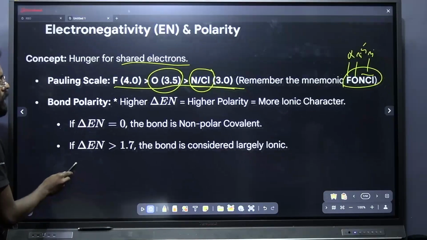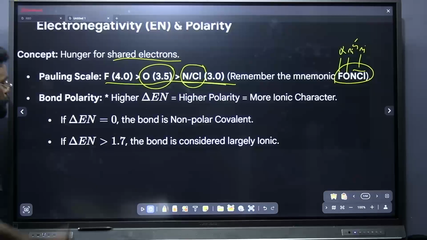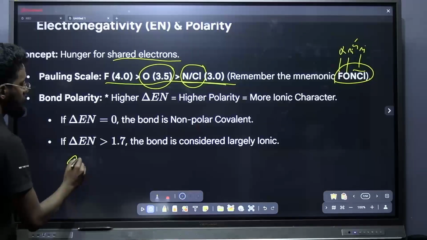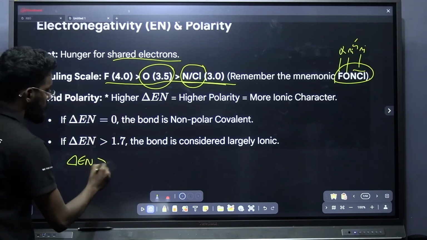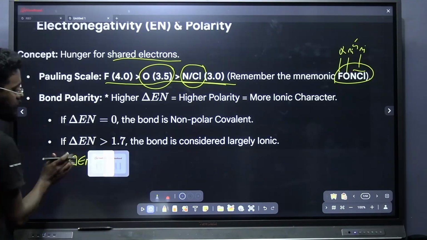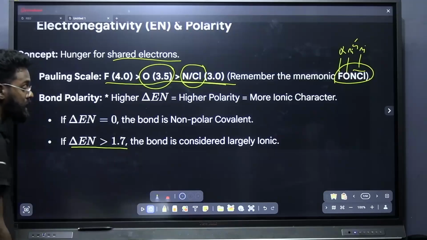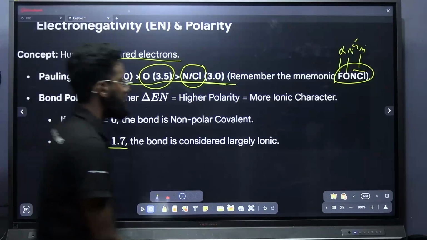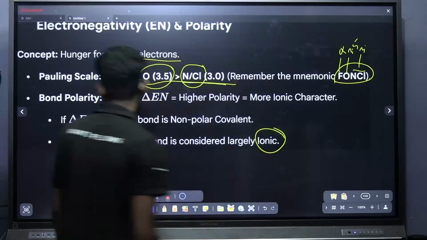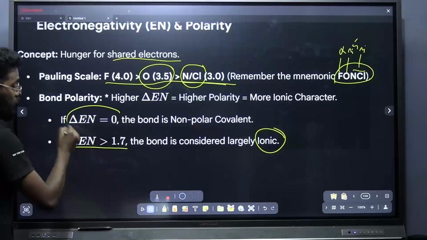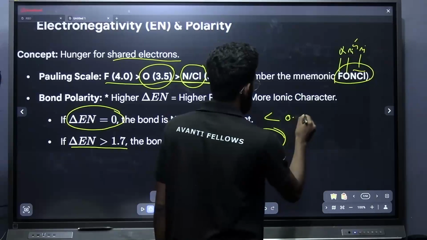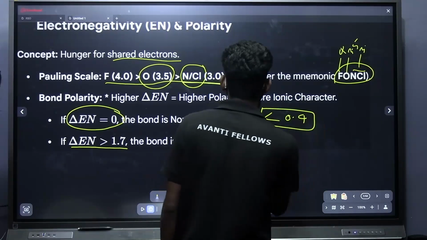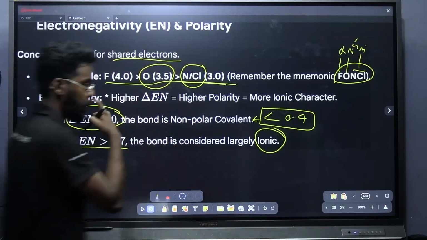How can we do that? The electronegativity difference will tell you. If the electronegativity difference, delta EN, is greater than 1.7, then it is ionic. If it is 0 or lesser than 0.4, we can say it is covalent.